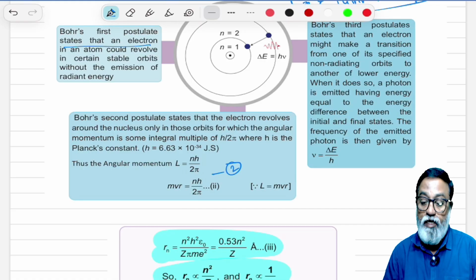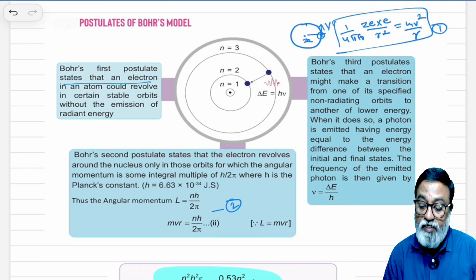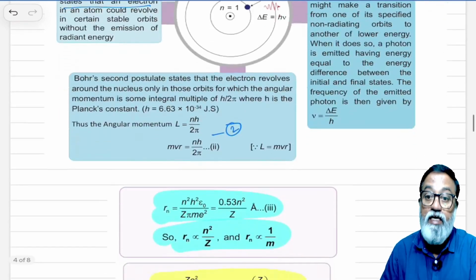And the third postulate. Bohr's third postulate states that an electron might make a transition from one of its specified non-radiating orbits to another of lower energy. When it does so, a photon is emitted having energy equal to the energy difference between the initial and final states. The frequency of the emitted photon is given by nu is equal to delta E by h.